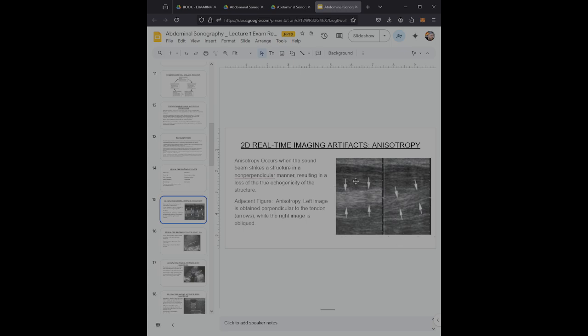So in this adjacent image, we can see the left image is obtained perpendicular to the tendon, whereas the right image is oblique, as you can see.